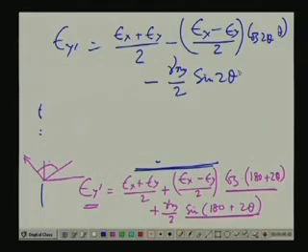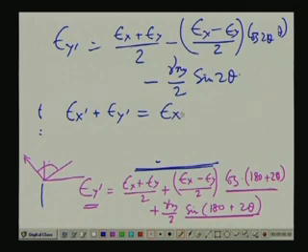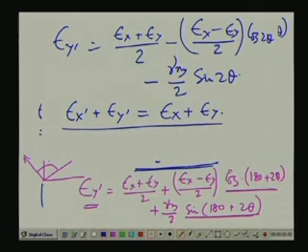Interestingly, if we note here that if we add epsilon x dashed plus epsilon y dashed, this gives us epsilon x plus epsilon y, because the other terms get cancelled. Hence epsilon x dashed plus epsilon y dashed equals epsilon x plus epsilon y.